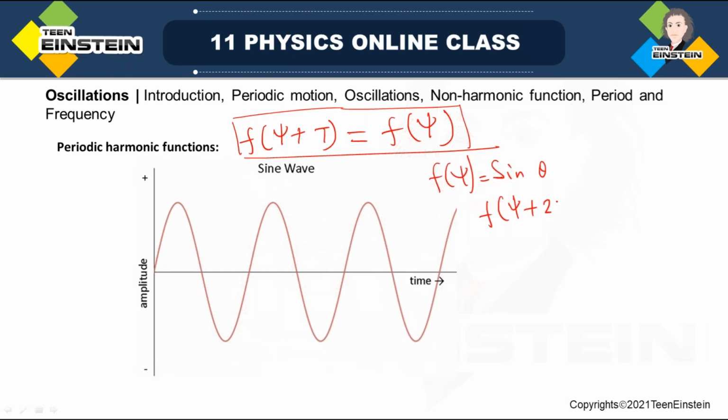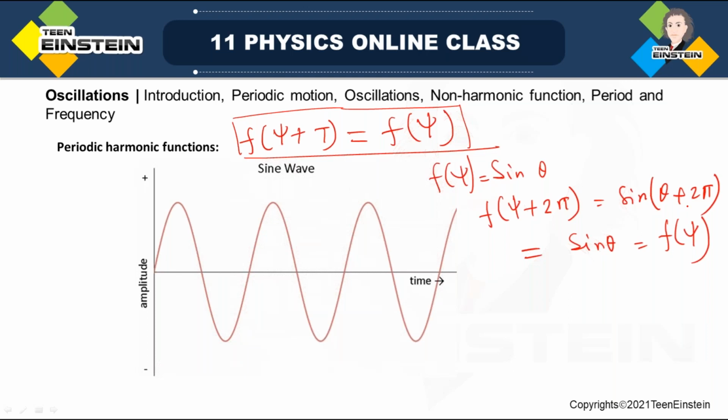So 2 pi, that means it is sine of theta plus 2 pi, right? So look, this is sine theta itself. So this means it is actually f of psi itself.